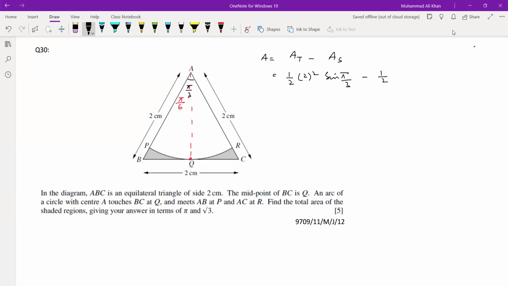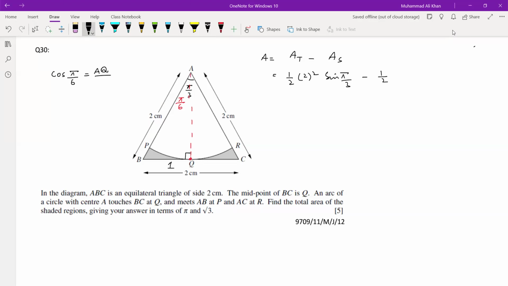And in the right angle triangle, here it is 90 degrees, hypotenuse is 2. We have to calculate the base side. So cos pi by 6. The adjacent side is AQ.